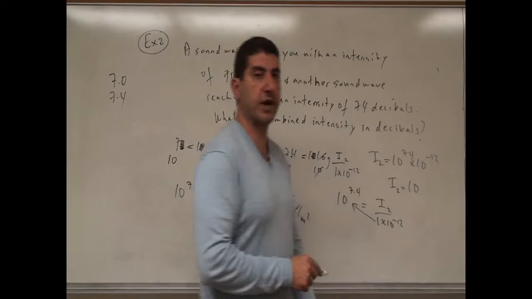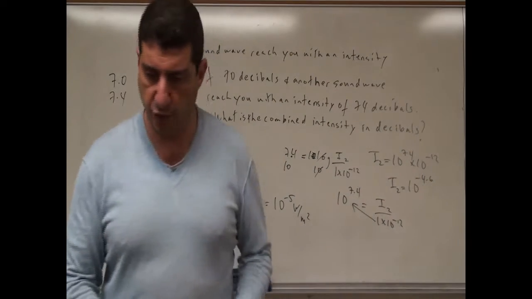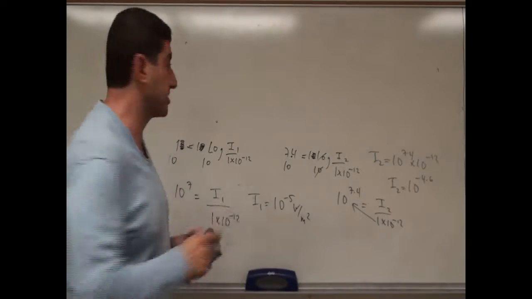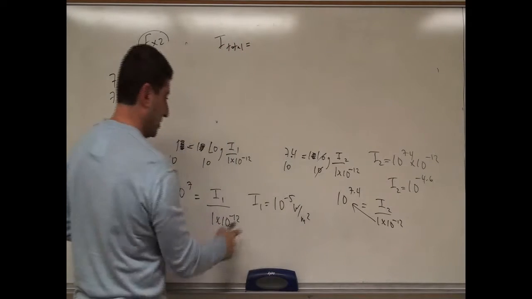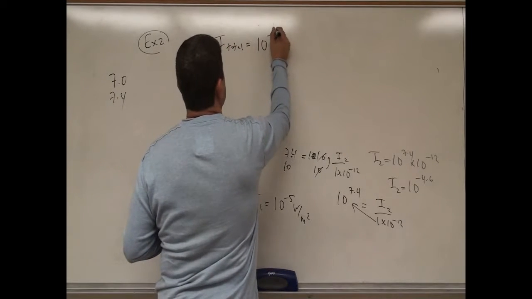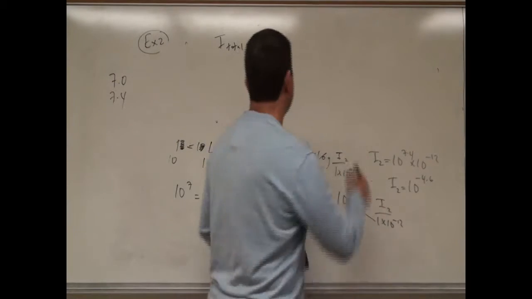I2 is equal to, just subtract it, 7.4 minus 12, 10 to the power negative 4.6. These ones you can add like a regular scale. So we have I total is going to be what? 10 to the power negative 5 plus 10 to the power negative 4.6.